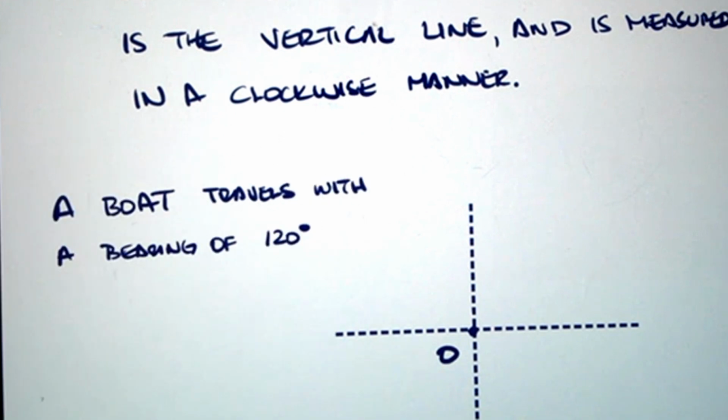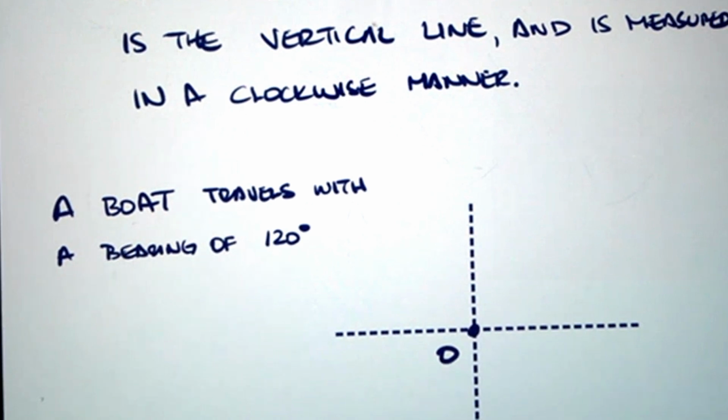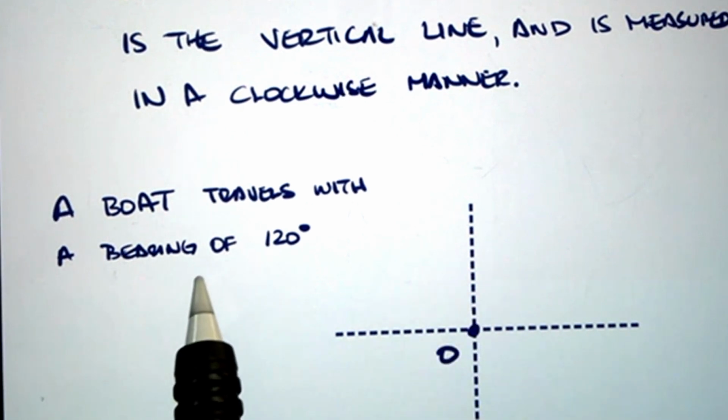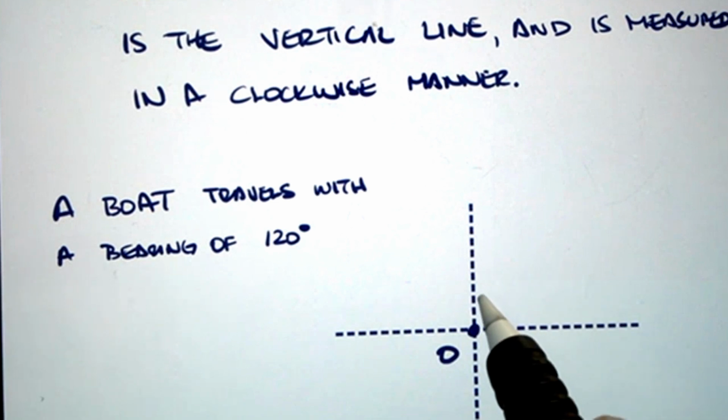It says a boat travels with a bearing of 120 degrees. This point that you see here is the origin, the original position of the boat, and the boat is going to travel with a bearing of 120 degrees.